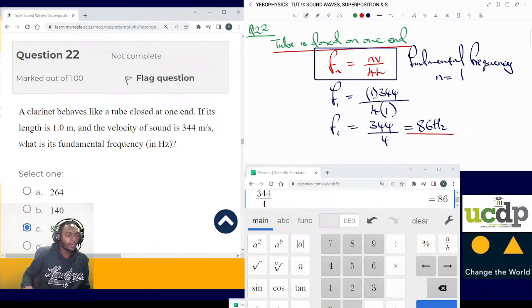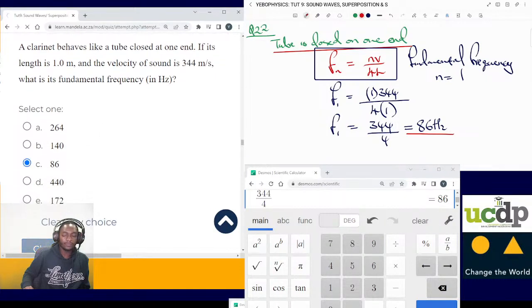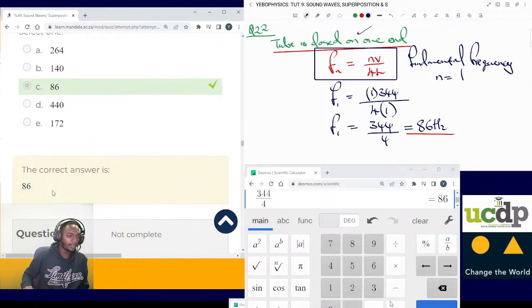We have an option there. So indeed, what you needed to recall is the frequency when the tube is closed on one end.